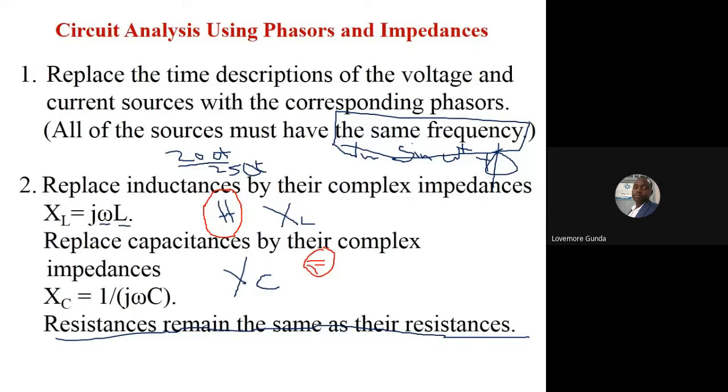Because if you are given ohms on an inductor, it means you are already given the value of the complex impedance. Take note of that. When you are given a value in ohms, it means what you are given is the complex impedance for that component.